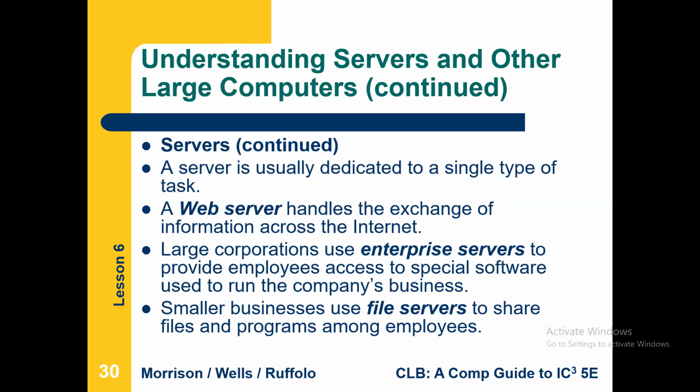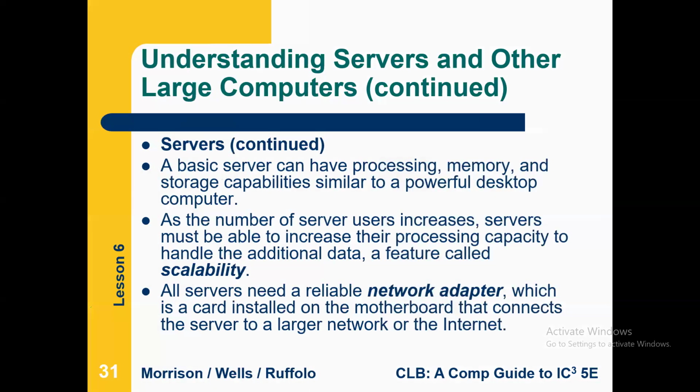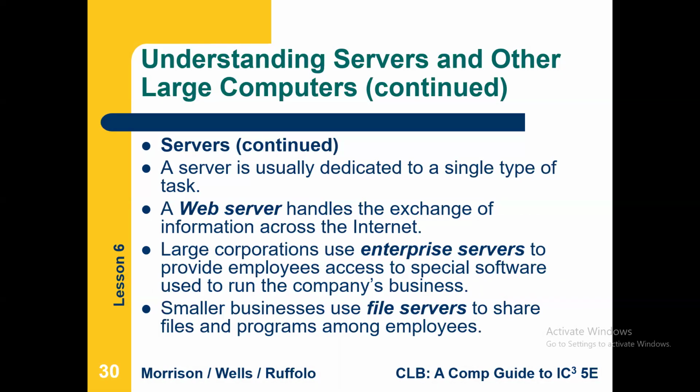And as I said, there are some servers that handle our files, programs that are used to run our day-to-day activities within the organization. We refer to those servers as a file server. But if you don't have money, you can have your file server and your enterprise server all on one particular server.